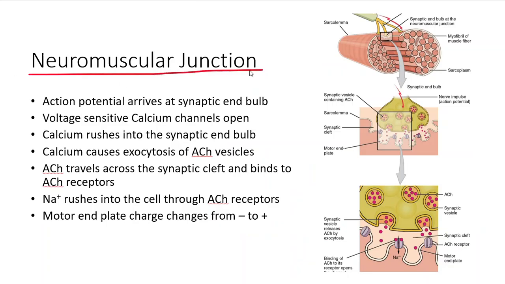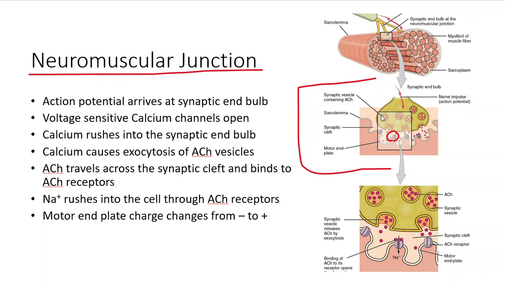Okay, neuromuscular junction. We said that there is no way for a muscle to move or to contract without neural input. The neuromuscular junction is this whole area right here. What it basically includes is the end of the nerve and the surface area of the muscle cell that has receptors for the neurotransmitter.